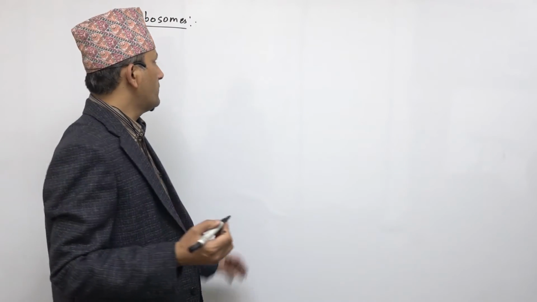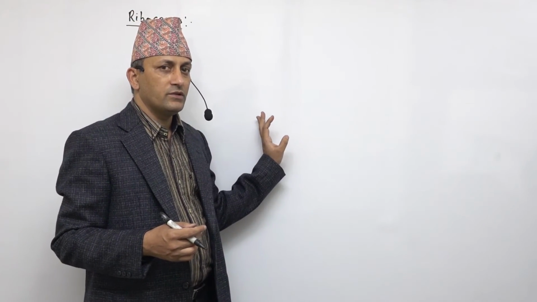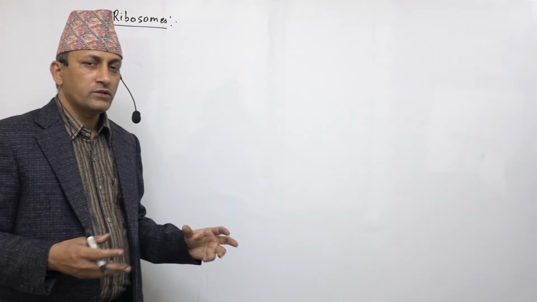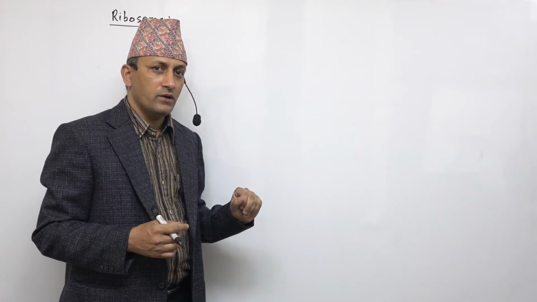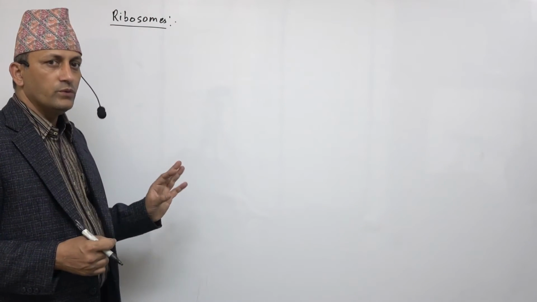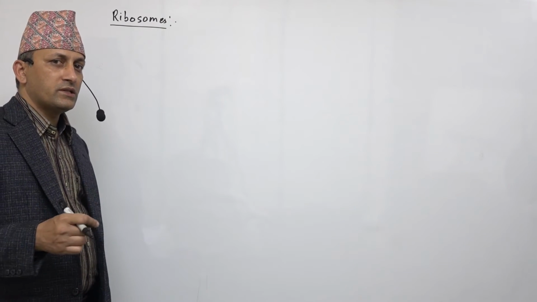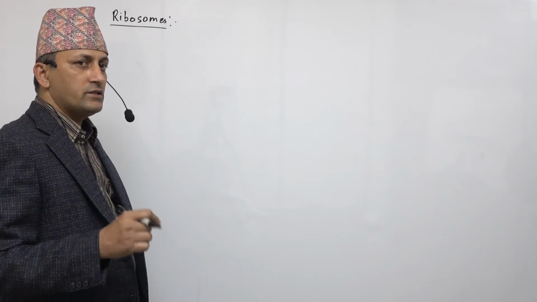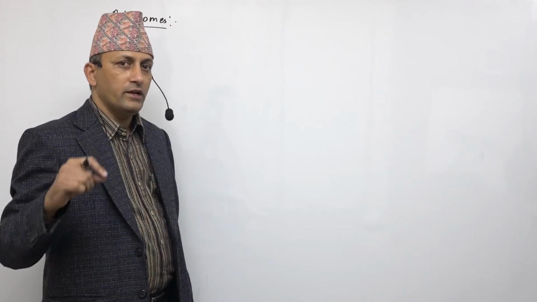So, now I'm going to talk about ribosomes. What is a ribosome? What are the types, the different structures of the ribosomes, and their functions? यसको बारेमा हामी कुरा गर्न गइरहेका छौं. So, ribosome चाहिँ यस्तो खालको सेल अर्गेनेल्स हो जुन सबैभन्दा सानो हुन्छ. It is the smallest cell organelle, and another very interesting thing is that it doesn't have any membrane around it.